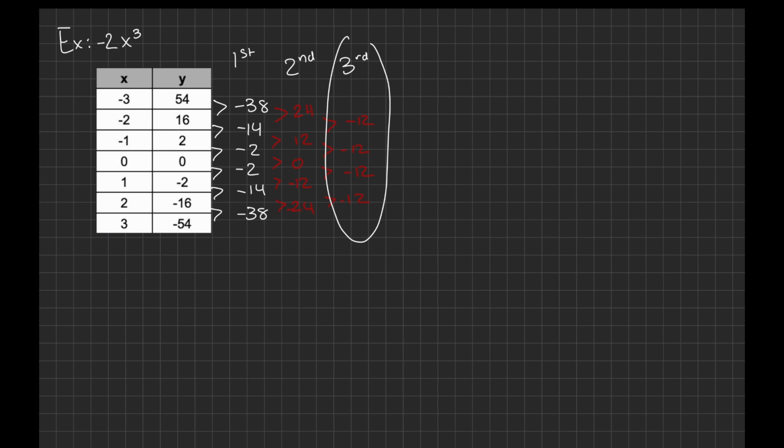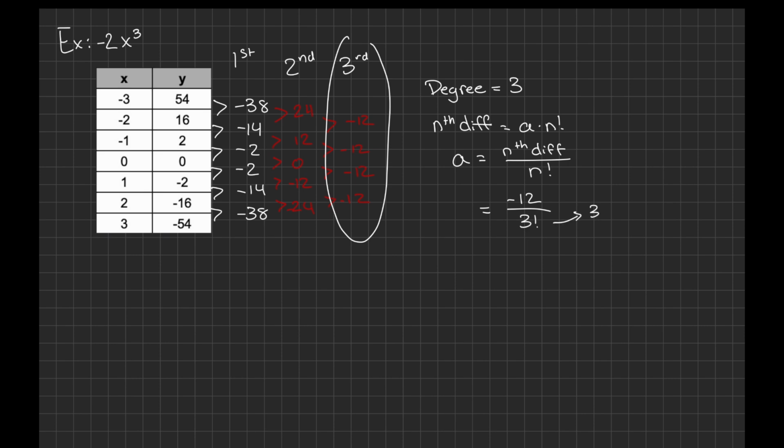So that tells us that our degree is going to be 3. And then we can use our formula from earlier, which is the nth difference is equal to a times n factorial. So we'll isolate for a, so that just gives us the nth difference over n factorial, which gives us negative 12 over 3 factorial.